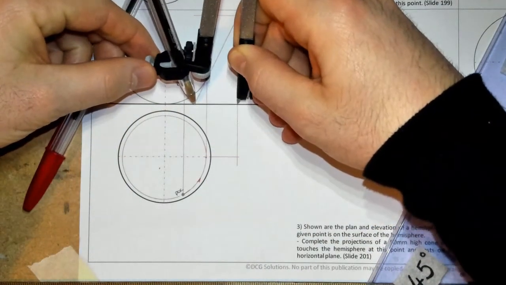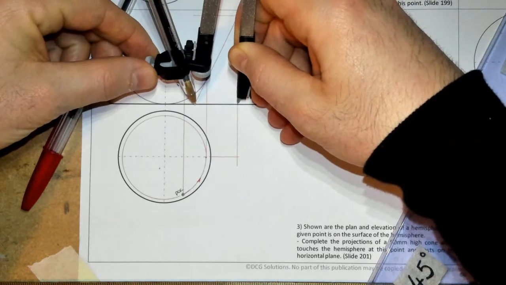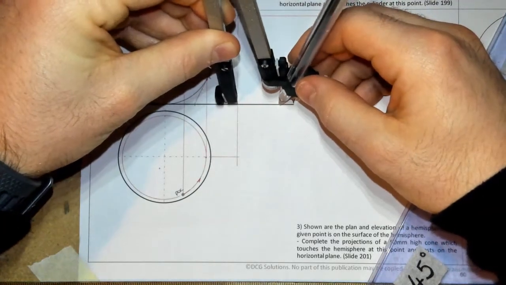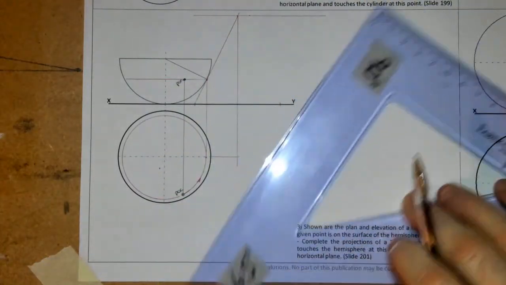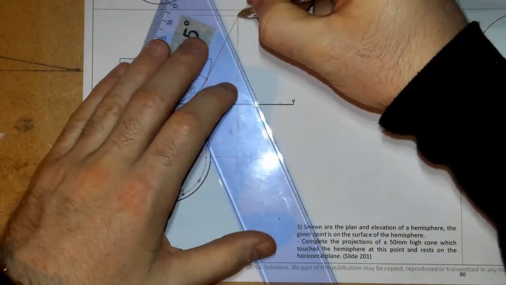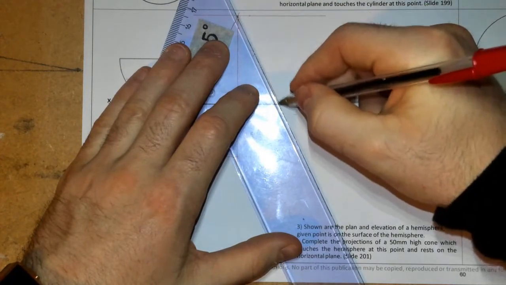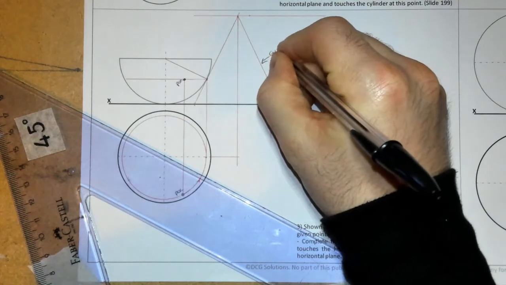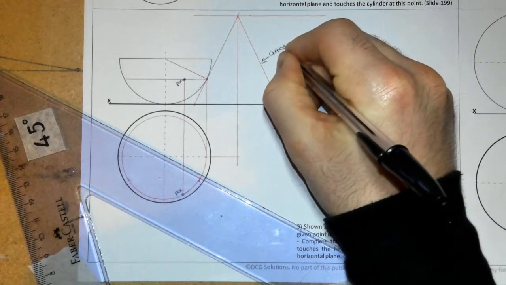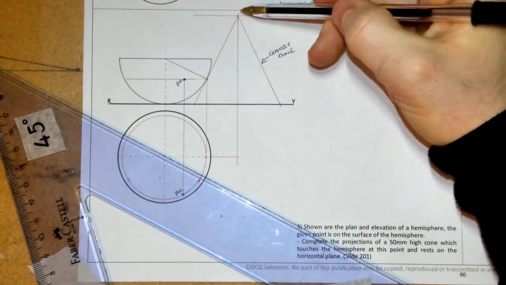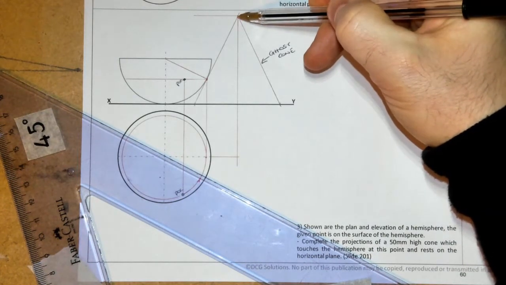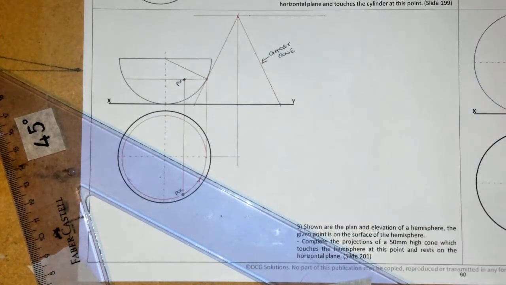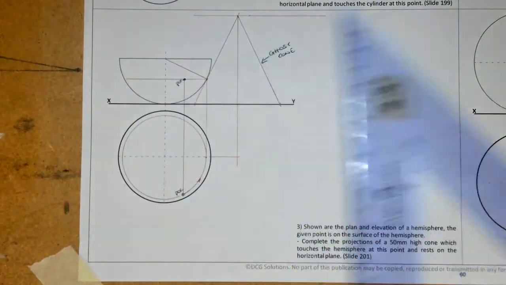You don't have to draw this, it's not necessary, it's just for explanation purposes. Measure that distance out the same side, and that would be my ghost cone, which I'll write in here. Ghost cone. And as we look down the top of the cone, that's where the center of it will be. Project it down, that's where the center will be when it's at the extreme right of my hemisphere in this case.